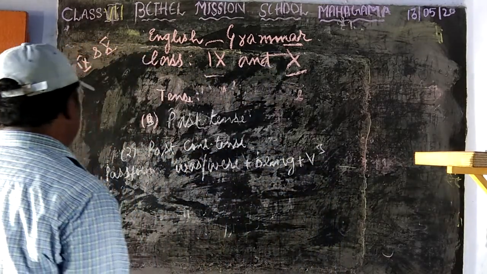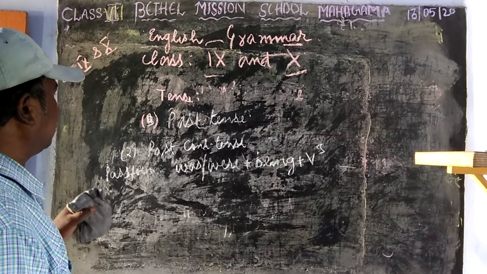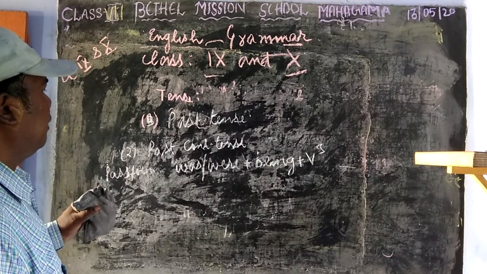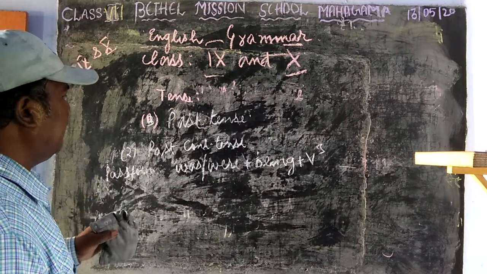The passive form here in past continuous tense is was, were plus being plus V3.